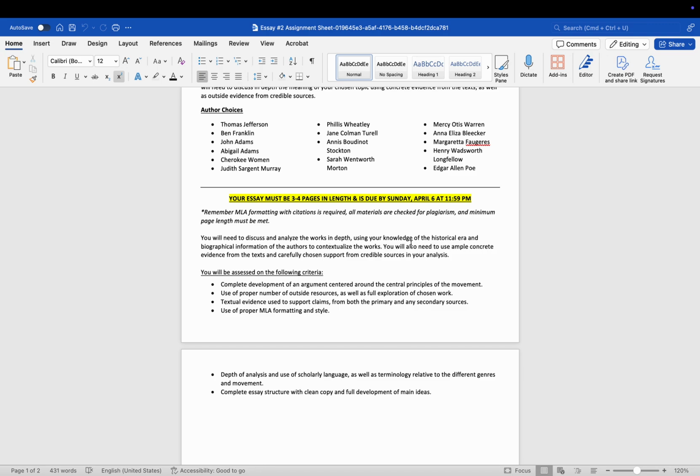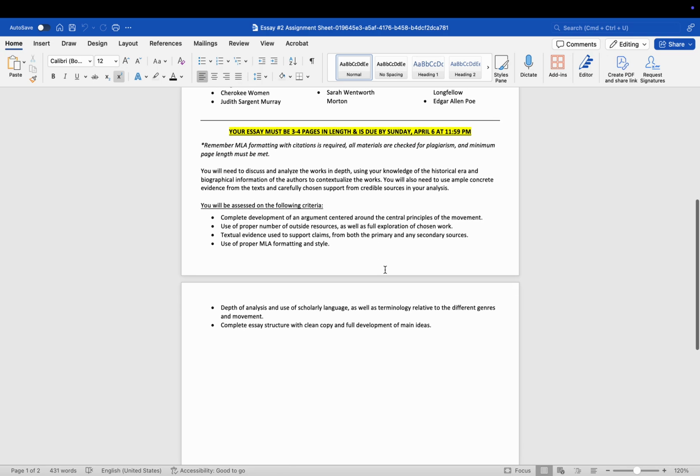Make sure that you are discussing the work in depth, again keeping the focus on the text, secondarily bringing in historical or biographical context, and good solid evidence and analysis. Your essay will be graded on making sure you have a good argument centered around the principles of that movement, proper number of sources and use of those sources, and a full exploration of the work, good evidence from the primary and secondary sources, proper MLA formatting and style, and depth of analysis.